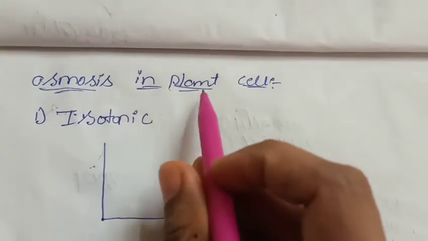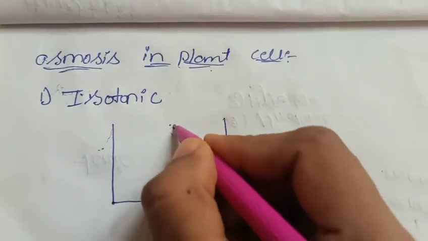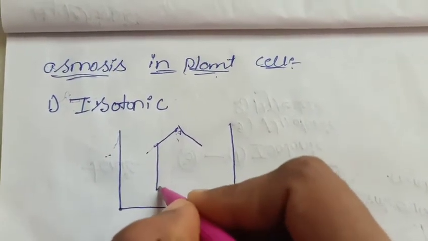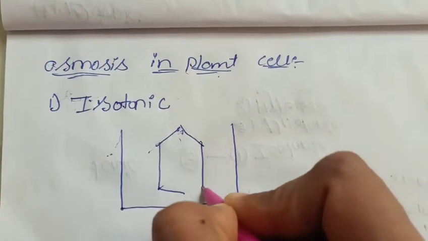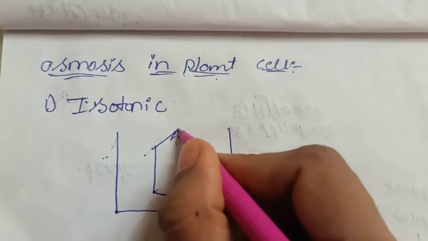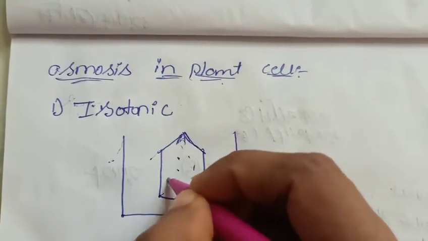Before going to that, we know that the plant cell has a cell wall, and there is a protection layer there in the plant cell. So I am drawing this, the plant cell is like this. Now, as I explained before about the isotonic, here also the same process will happen.